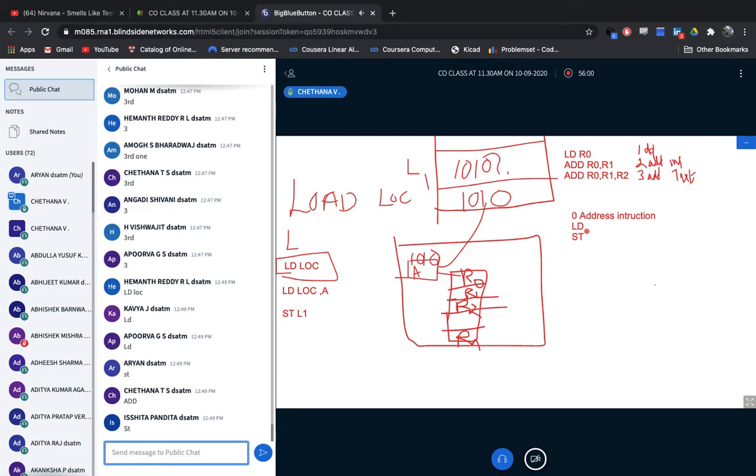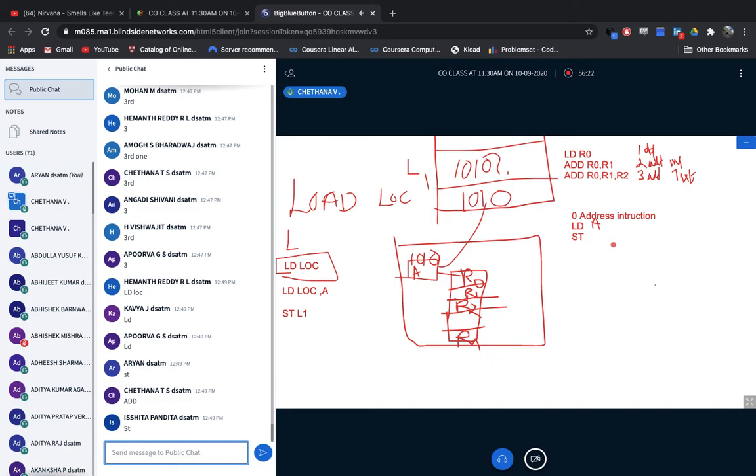So what can I do at that time? I can use the accumulator, right? You can load the data from your accumulator. So by default, this becomes load A, access data from the accumulator. I hope you have understood.